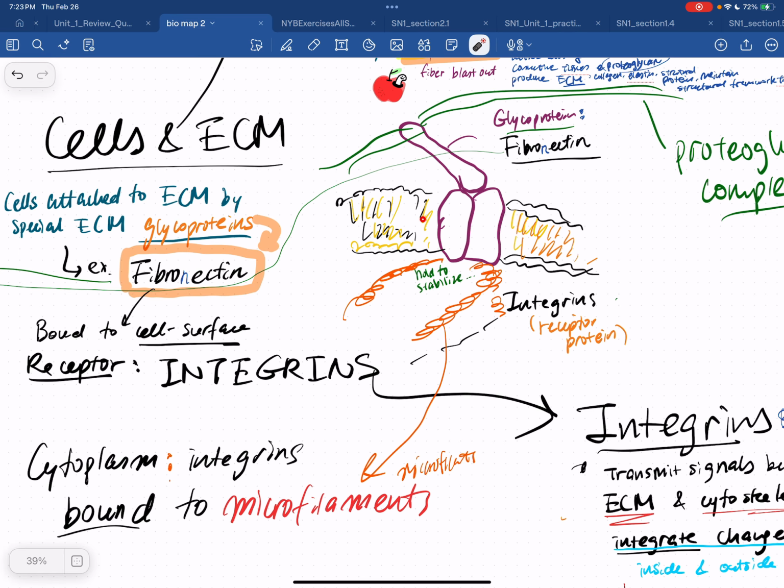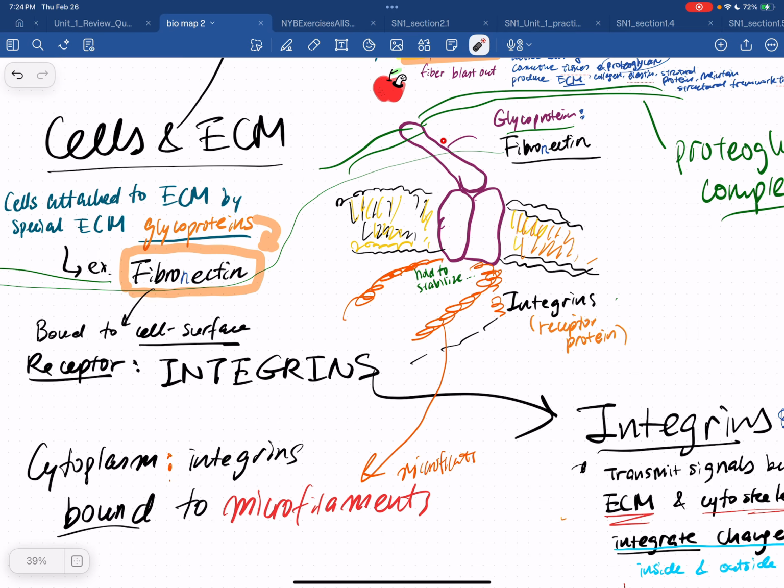This is a bilayer phospholipid membrane, and this is the inside, and there are proteins called integrins, and there is fibronectin, which is a type of glycoprotein.